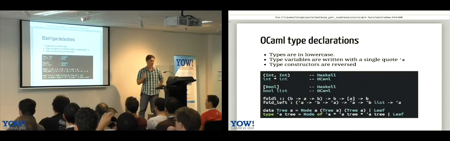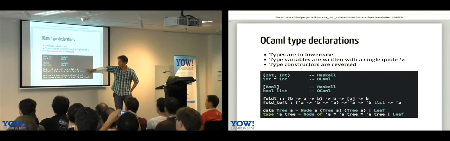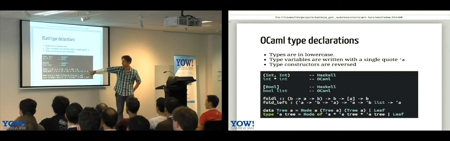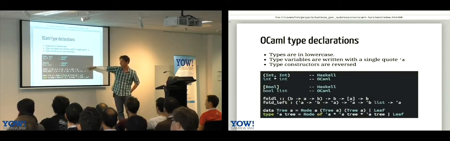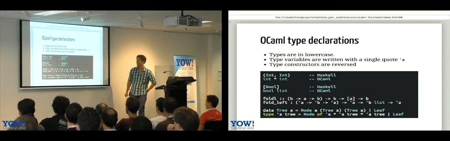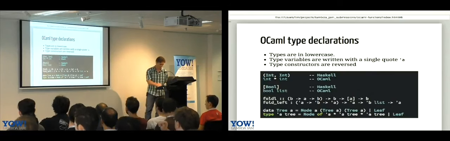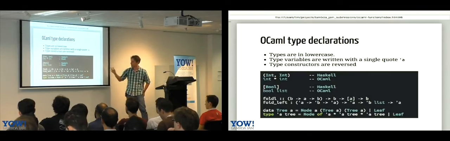Type variables in OCaml are written with a single quote. Have a look at the definition of fold. Fold left is taken from Haskell, and this is the fold left from OCaml. Where you've got A's and B's in Haskell, you've got quote A's and quote B's in OCaml. It's kind of the same, even though they're using A's and B's in a different order, which is annoying.